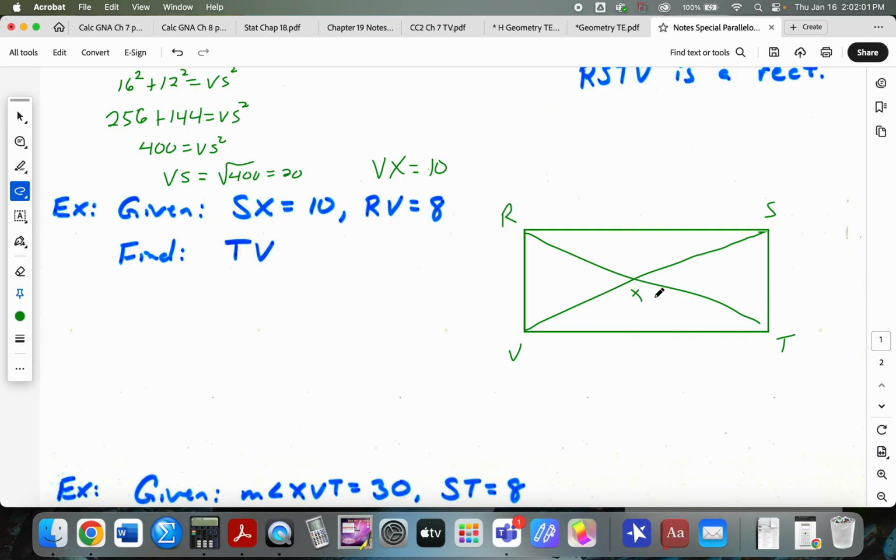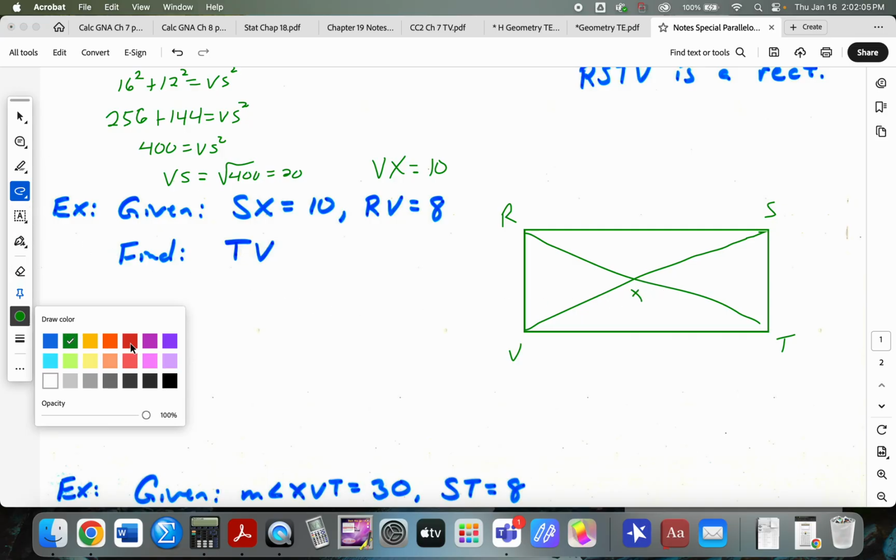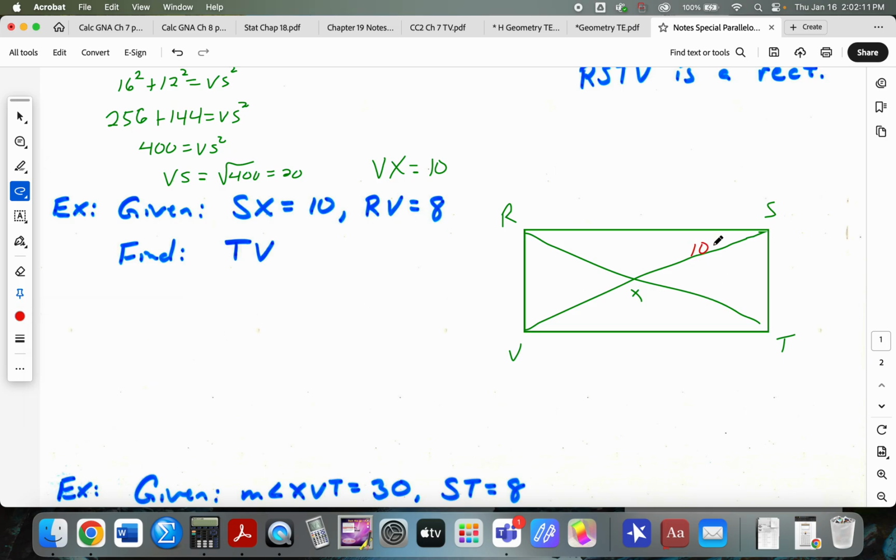And this is X. So it says SX is 10. What else do we immediately know then? We know VX is 10. What else do we know?